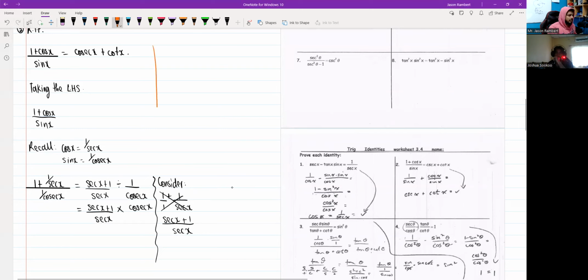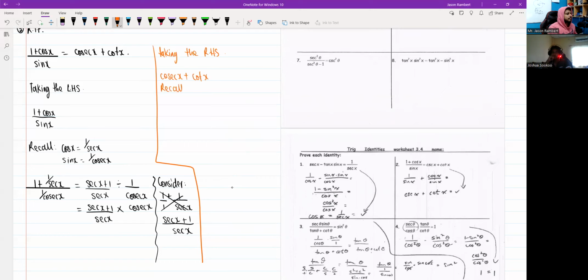So instead, I'm going to work here in the orange, and I'm going to take the right-hand side. I have cosec x plus cot x. I will recall cosec x is 1 over sine x, and cot x is equal to cosine x over sine x. Agreed?